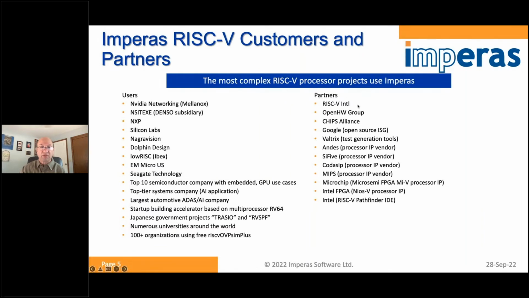And then certainly we're an active participant with RISC-V International, and also we work with the processor IP vendors. Last, I'll point out that in addition to working with universities, we have a free RISC-V OVP Sim Plus product, a free instruction set simulator, and more than 100 different organizations are using this free simulator, either for software development or for DV.